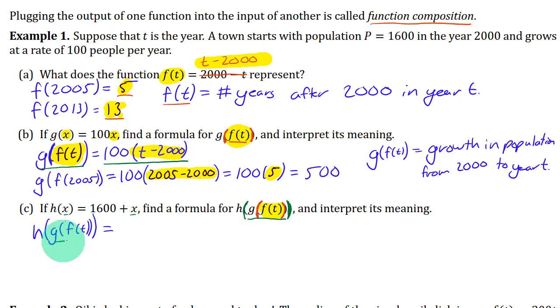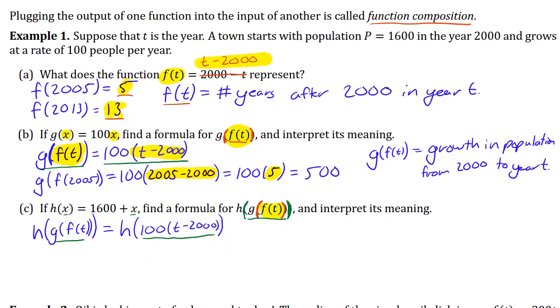So I'm going to take this part and write that as h of 100 times t minus 2000. That's g of f of t.